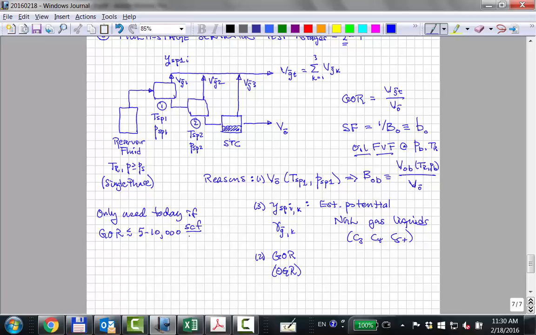The labs will basically tell you we can't do this experiment very accurately if you're higher than 5,000 cubic feet per barrel. I mean, maybe they can, but somewhere in this range. And that would be somewhere between 1,000 and 2,000 standard cubic meters per standard cubic meter. Okay? So if it's more than that, the lab can't measure the resulting surface oil accurately. It's too inaccurate.